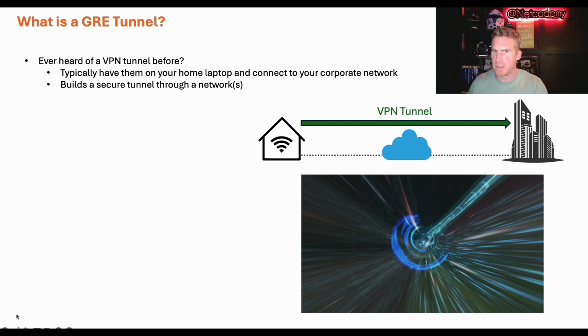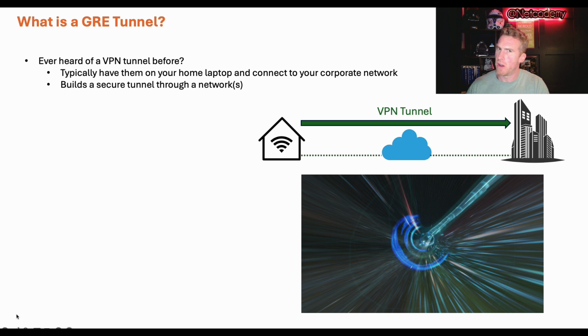But when we've got this tunnel going over this service provider network, over this city, we're bypassing all those roundabouts, all those traffic lights, all of that traffic in between, and we're keeping it secure. And that is essentially what a GRE tunnel is doing.